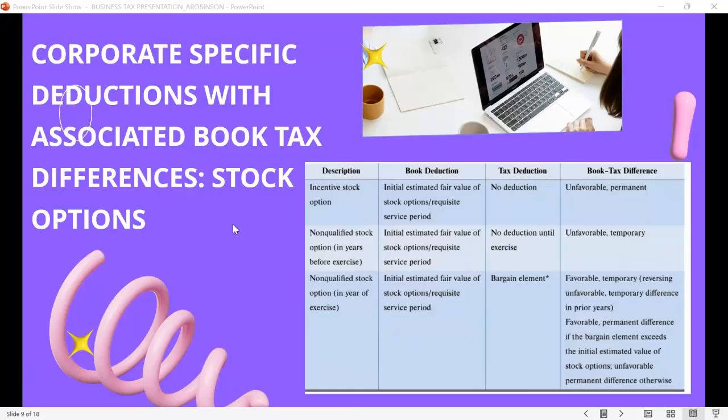If the tax deduction exceeds the compensation deduction on the books, the corporation recognizes a favorable permanent book tax difference in the amount of the excess. If the total book expense exceeds the tax deduction, then a company recognizes a permanent unfavorable book tax difference. So, here is an example to summarize what we've talked about so far as it relates to that.